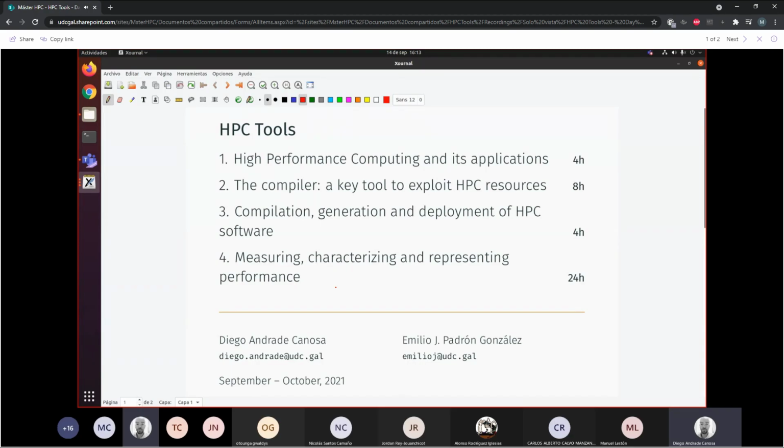Okay, the compiler is the tool that you have already used, probably in other degrees or studies that you had before, that is able to translate a program that is written in a high-level language into machine code, okay? But in addition to that, this compiler can optimize the code for you, okay?